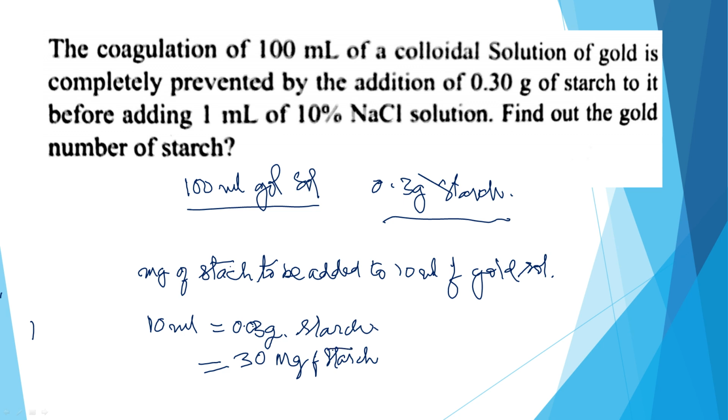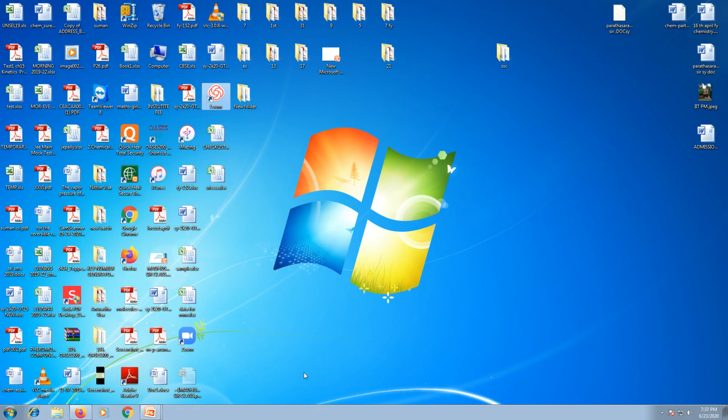So the gold number is 30, the milligrams of the starch required to prevent the coagulation of 10 ml of the gold salt on addition of 1 ml of 10% sodium chloride. Therefore, 30 is the correct answer for this.